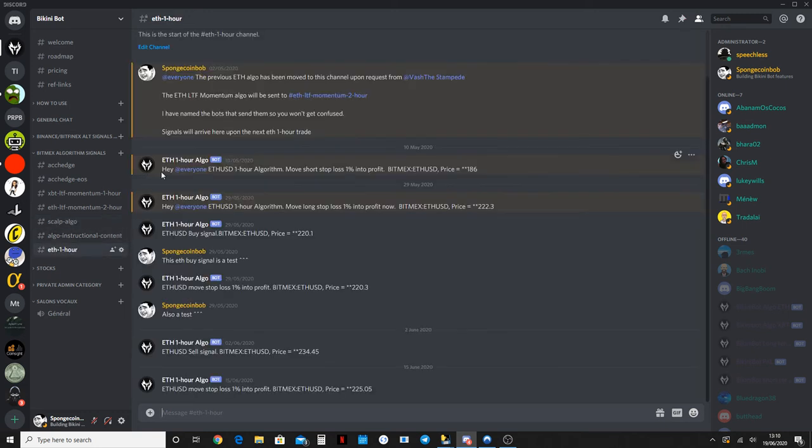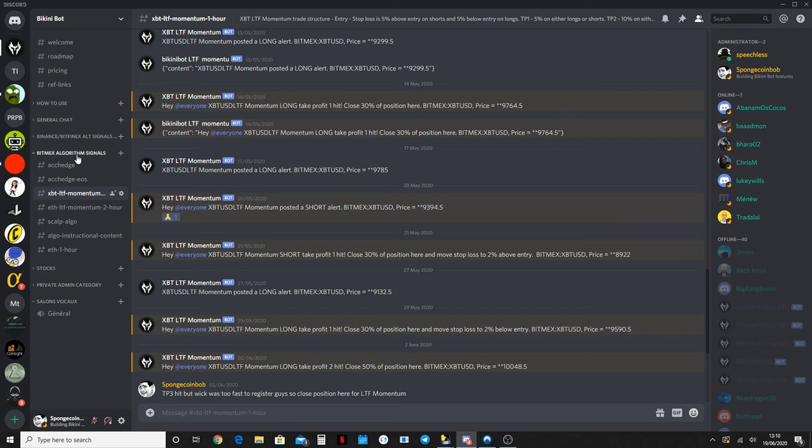So this one, there is stop loss management, but it just tells you to move it 1% into profit. So basically every single one of the algorithms in the BitMEX algorithm signals section will tell you exactly what to do and when, including stop loss management and take profits, and it will tell you when to close out a trade.